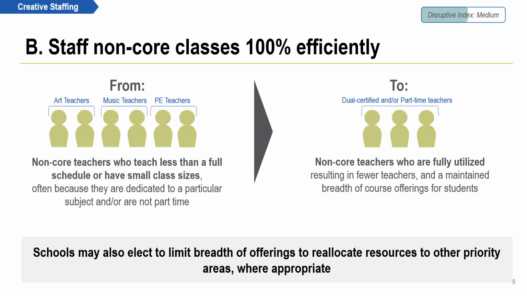The next option is to staff non-core classes 100% efficiently. Moving from non-core teachers who teach less than a full schedule or have small class sizes to non-core teachers who are fully utilized. Schools may also elect to limit the breadth of offerings and reallocate resources to other priority areas where appropriate.